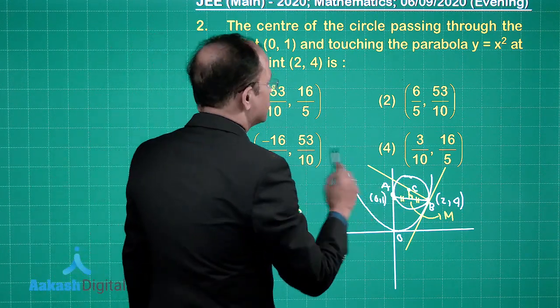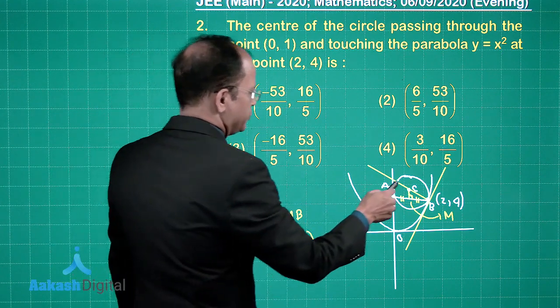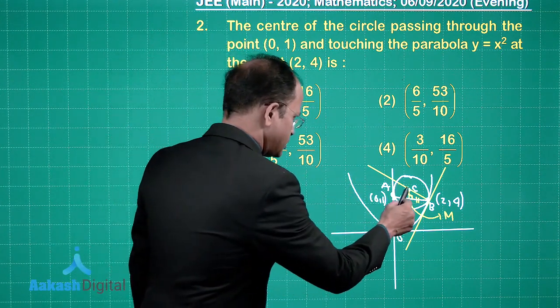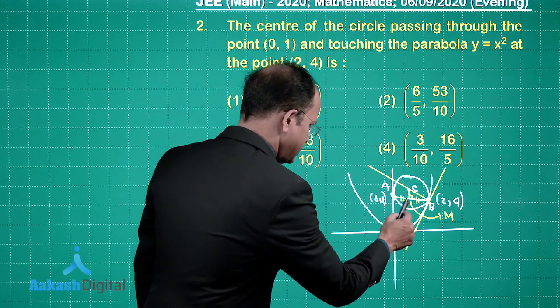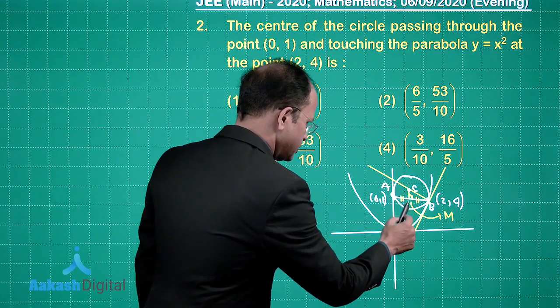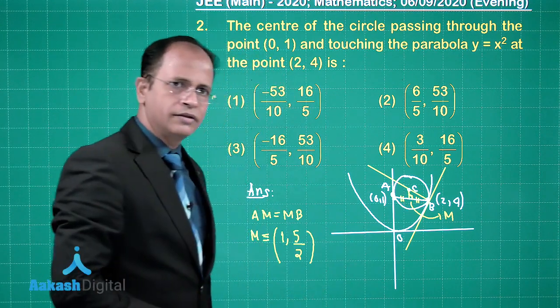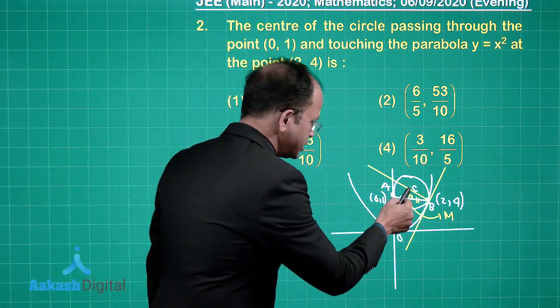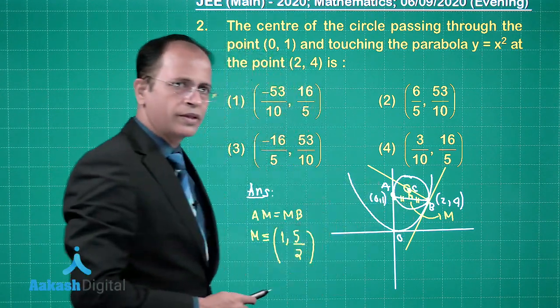Now the center of the circle we need to find, right? So that means this is the perpendicular. So if we can just find the equation of this line and equation of the normal, then what we can do, we can just take the intersection of this.